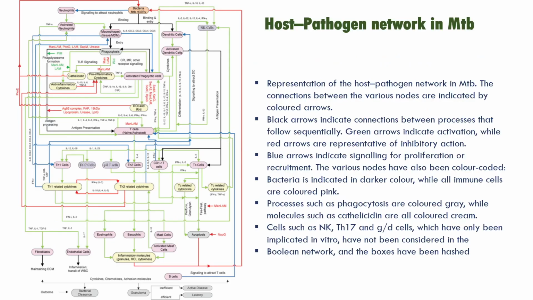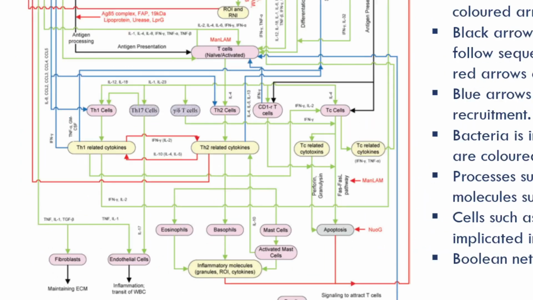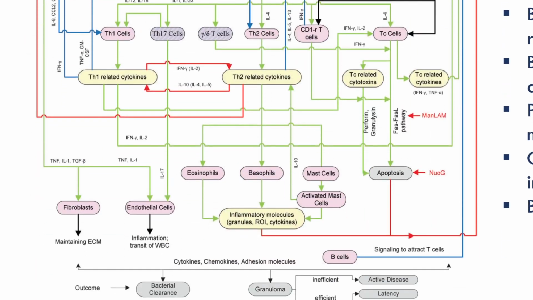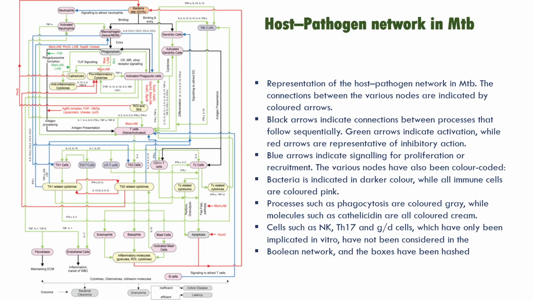Okay, so this is how the host pathogen network looks. You can see it's very dense and the network looks weird, basically. There are a lot of components. First, these black arrows indicate connections between processes that follow sequentially.